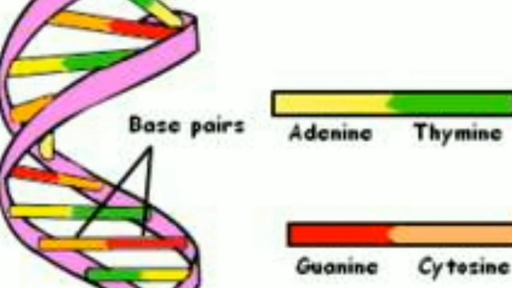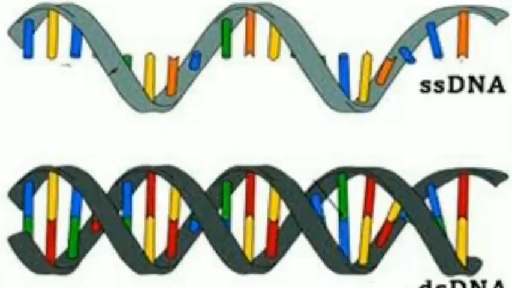Depends upon the genetic material, the structure of the virus is of two types: DNA virus and RNA virus. DNA virus is deoxyribonucleic acid and RNA is ribonucleic acid virus.